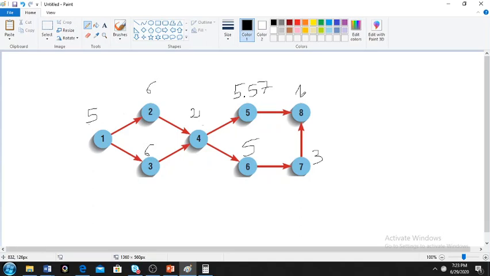Now you will see that you have not changed much. The critical path will still be here.